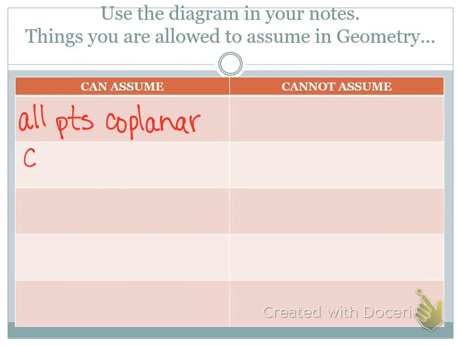You could say C, J, and E are collinear. Remember, on some diagrams, they don't always put a dot at an intersection point because we have a postulate that says if 2 lines intersect, they intersect at a point. So they don't always put the dot there. If you want to go over and put dots at your intersections, you can do that. C, J, and E are collinear.